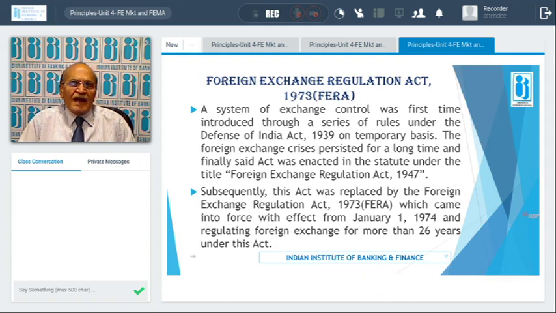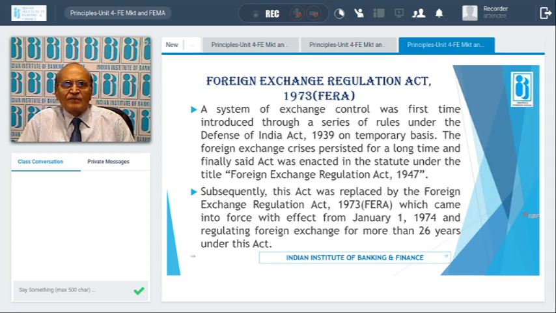The Foreign Exchange Regulation Act, which we discussed earlier, popularly known as FERA, was first introduced through a series of rules under the Defence of India Act in 1939 on a temporary basis. The foreign exchange crisis persisted for a long time, and finally the said act was enacted as a statute under the title Foreign Exchange Regulation Act 1947.